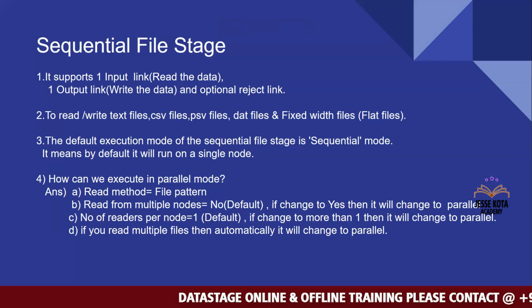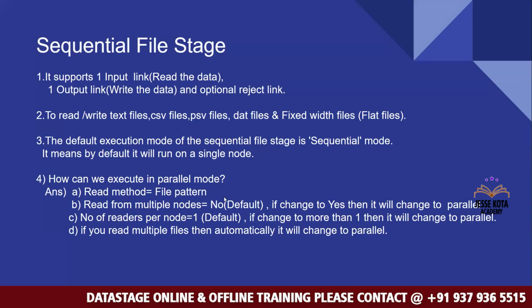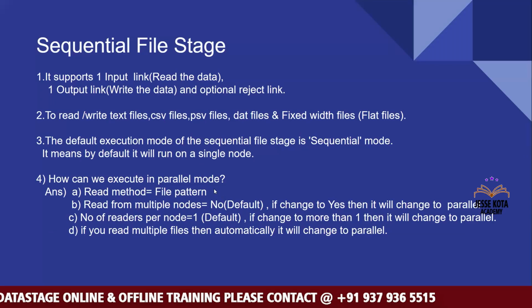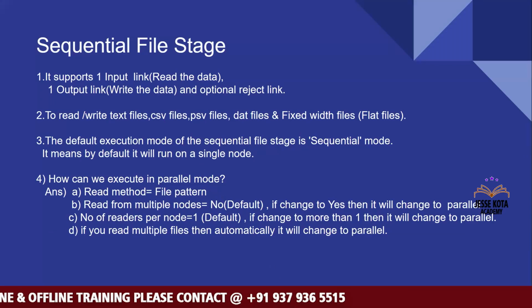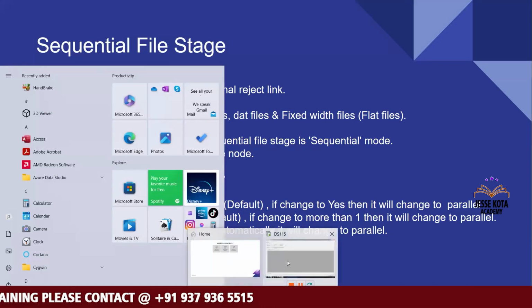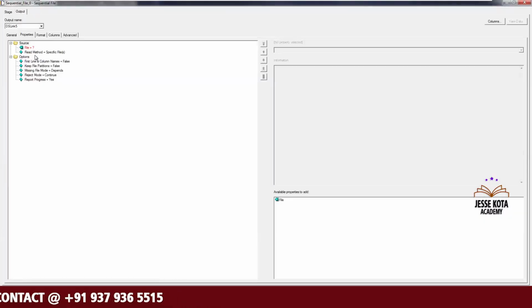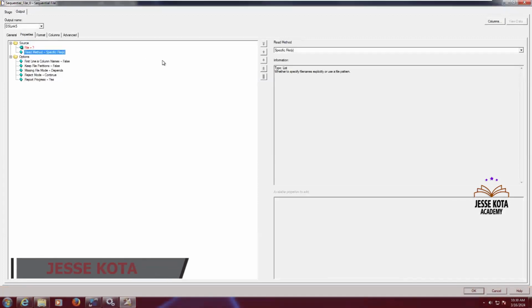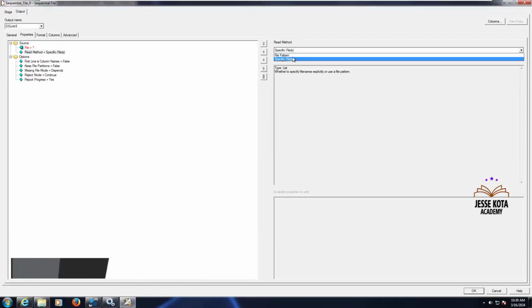How can we convert it into parallel? By reading multiple pattern files. For example, I am reading the data using a file pattern. If you look at the properties, there is the specific file option. When you are reading data from a specific file, it is considered sequential mode.